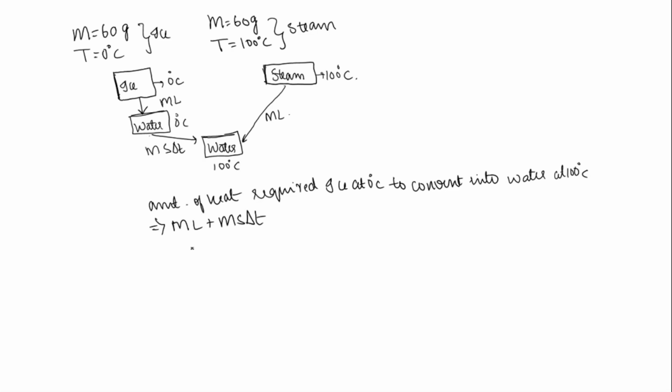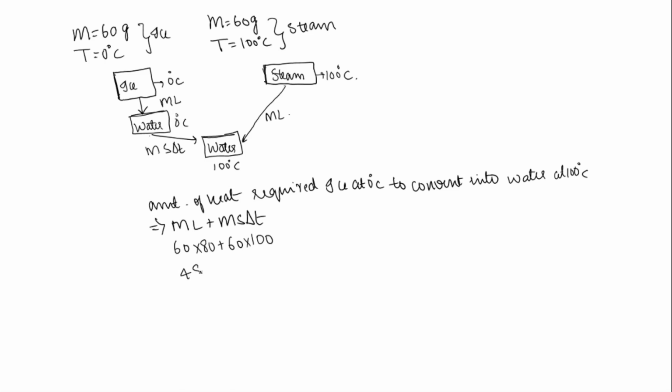Mass of ice is 60 grams. Latent heat of fusion is 80, plus the same 60 grams of ice will get converted into 60 grams of water, so mass will be 60 itself, into specific heat of water which is 1, into ΔT. It went from 0 to 100, so 100 minus 0, which is 100.